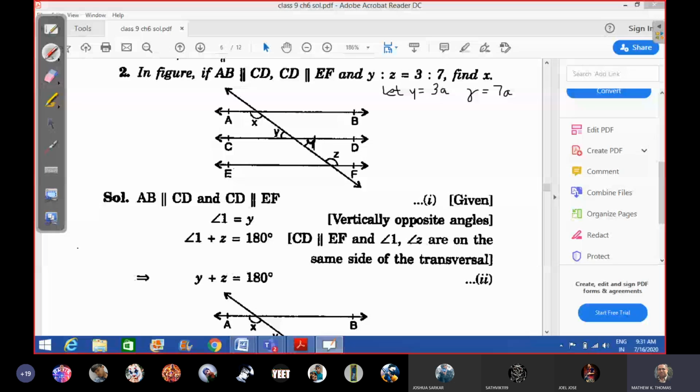So therefore, conclusion, y will be 3 multiplied by a, that is 3 into 18. So how much will be the value of y? 54 degrees. So y value is 54, and what will be z? Sir, 126. Z will be 7 times 18.